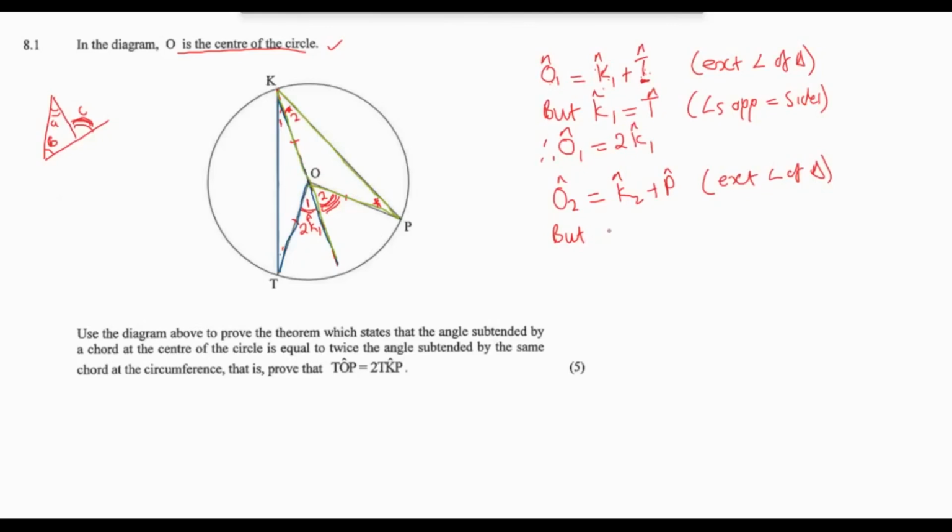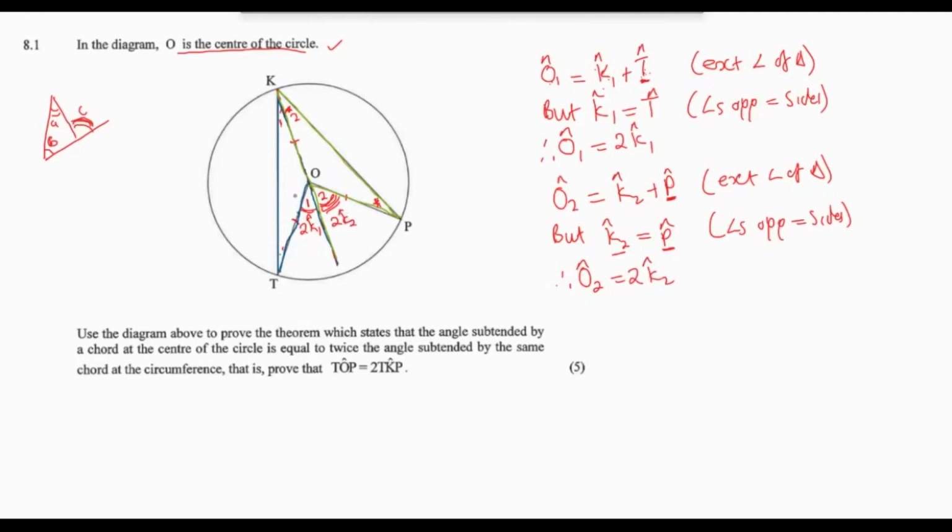Since angle P is equal to angle K2, you can replace angle P here with angle K2. So therefore, angle O2 is equal to 2 times angle K2. This angle is 2 times angle K2.